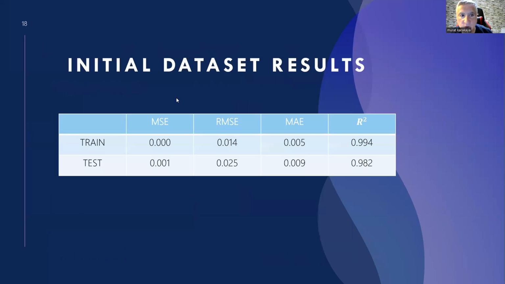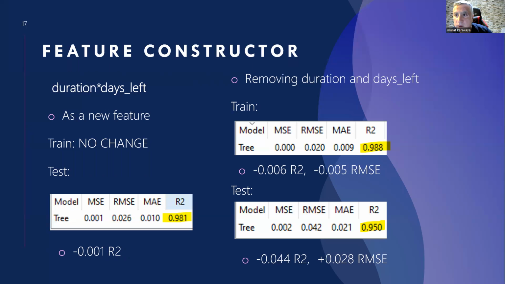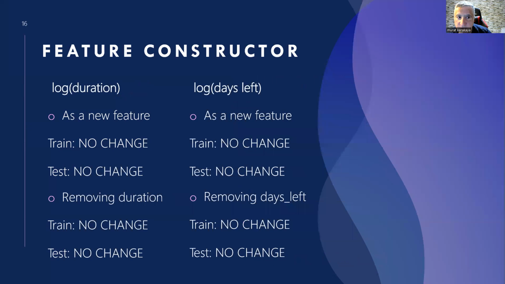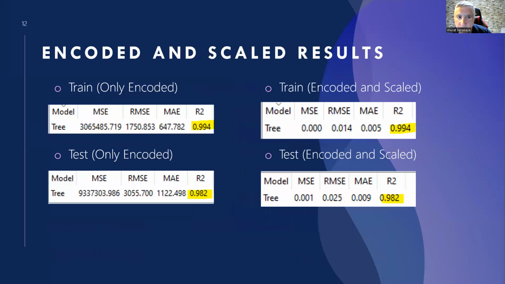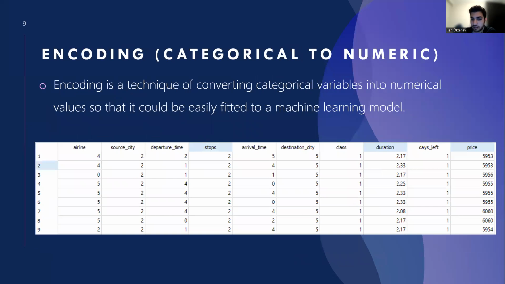May I ask a last question? Yes. Why don't you think of adding a weekend feature? If you go back to your slides, there are the days, right? Flight days, I believe. No, actually, we don't have any flight dates. Days left is the number of days left to the flight.